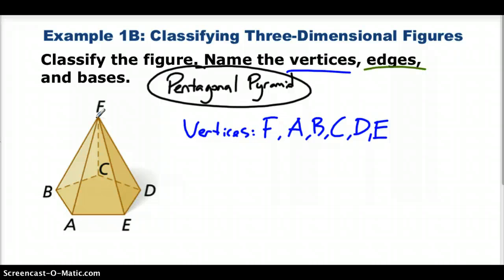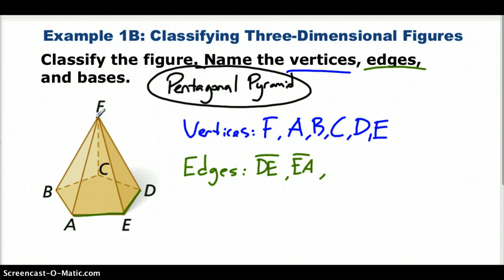Okay, let's look at edges now, right? So edges are just going to be those straight lines where 2 different faces actually meet, right? So let's look at edges. Okay, so edges, I could call DE an edge. Okay, I could call EA an edge. I could call AB and BC edges.